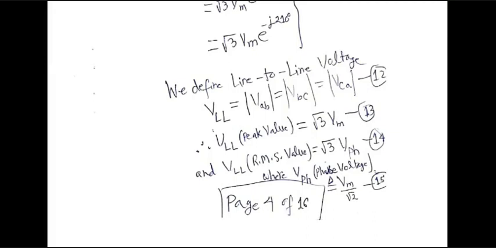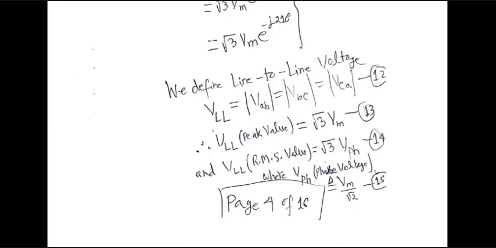You can always define the corresponding RMS value as square root of 3 divided by square root of 2, the entire thing multiplied by Vm. And Vm divided by square root of 2 is defined as the VPH, phase voltage magnitude. This is how the public sees these things, they call it phase voltage.